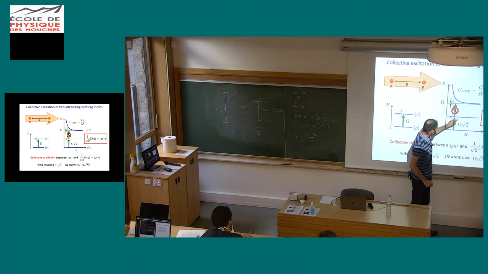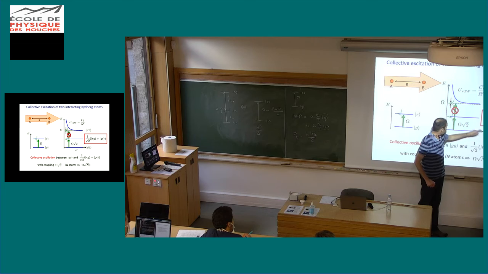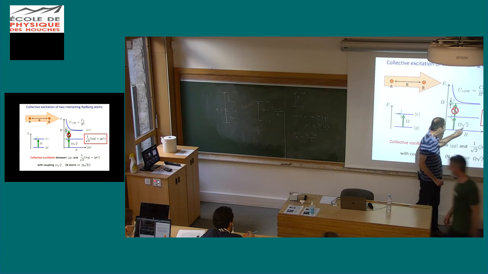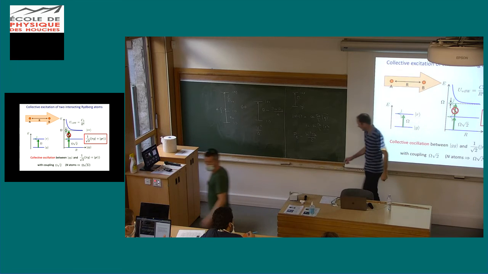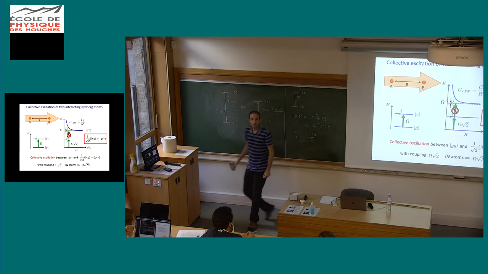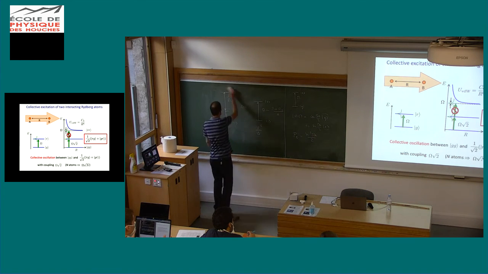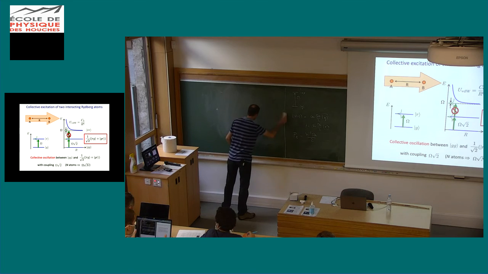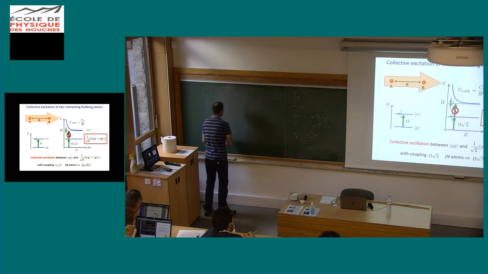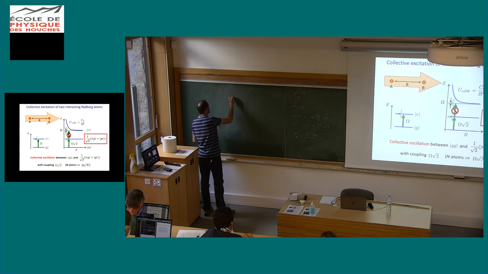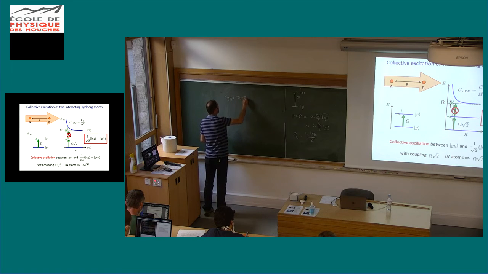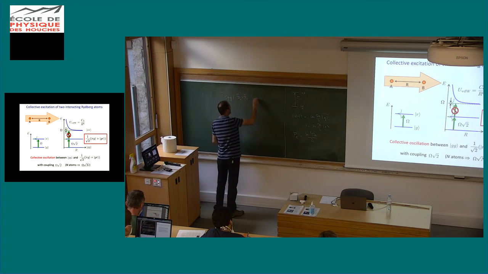Now, the coupling between the ground state, which consists of the two atoms in the ground state, and the excited state, which corresponds to only one of the two atoms excited, is enhanced by a factor square root of 2. This is what I showed you this morning under the name of superradiance. You remember we had calculated this morning the dipole matrix element connecting gg to D1 plus D2, 1 over root 2 (rg plus gr).